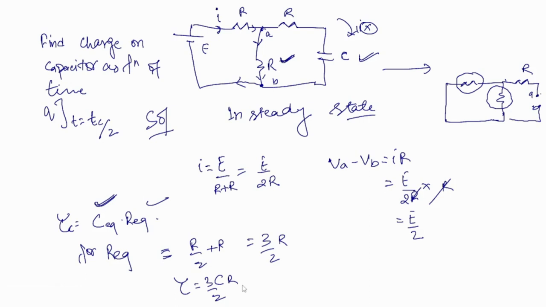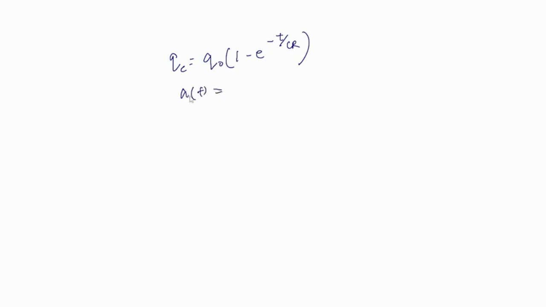Now during charging of a capacitor, it is q naught times 1 minus e to the power minus t upon CR, right? So q as a function of time will be CE by 2 times 1 minus e to the power minus t upon 3 by 2 CR, where CR means C equivalent into R equivalent.